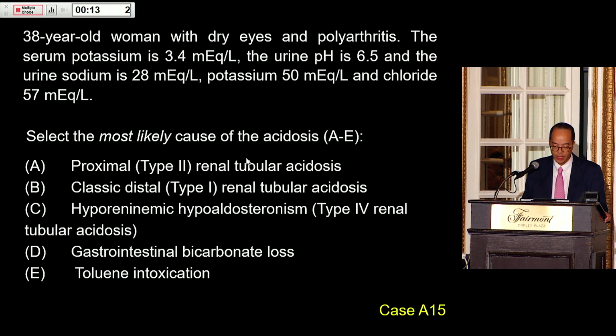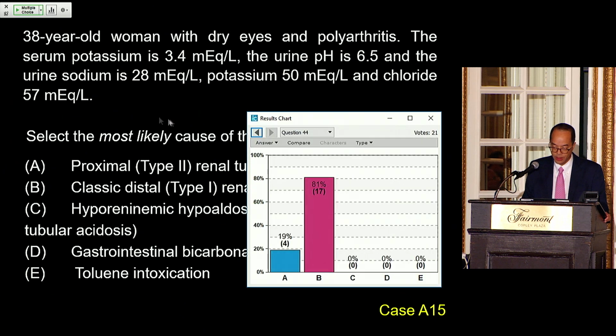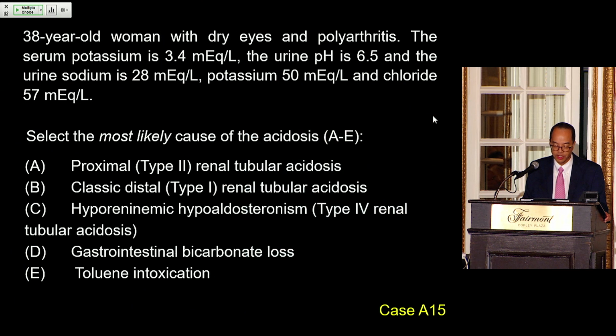Do they have a type 2, type 1, or type 4 RTA, diarrhea, or toluene intoxication? Okay, so B is indeed correct. So a classic case of Sjogren's, type 1 RTA, inappropriately elevated pH, positive urine anion gap.